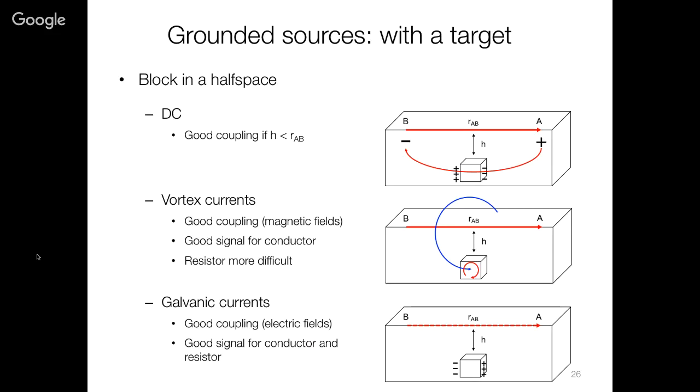So now I'm going to have currents that are flowing this way because of this image current that's going down, and that's going to cause some currents. So there's a couple of things at one time. One is thinking in terms of vortex, and the other is in terms of galvanic. So let's see if we can sort all that out.